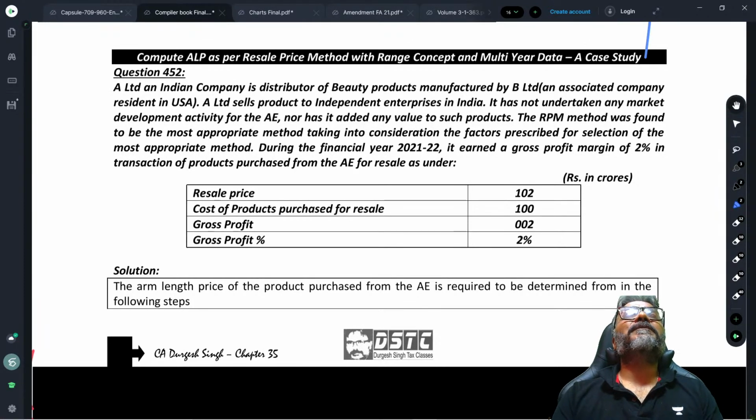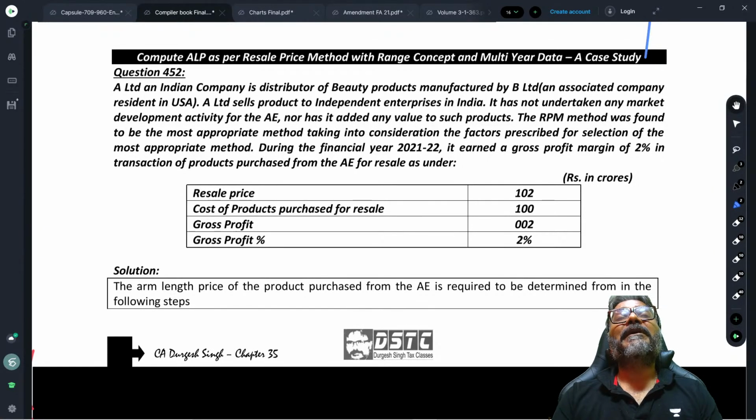Now, students, what if you have the comparable data of the current year and also the comparable data of the earlier year? We encountered two questions in the last lecture in which the CUP method was applied, and in those we were given the comparable data of not only the current year but also the last year.